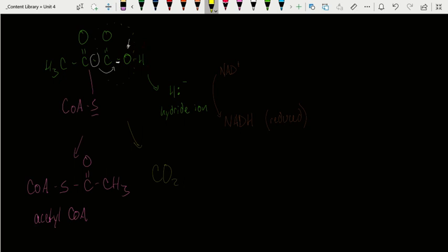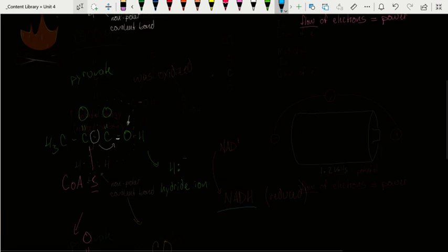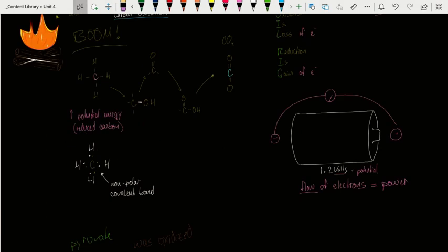Now, I want to come back to finish our story of the electrons, because that's what we've been following. NADH has those electrons loaded onto it. Let's go back to our battery. NADH doesn't really like those electrons. It's a good transporter because it doesn't like them too much. It's like, okay, yeah, you can join me, but I don't have a strong affinity for you.